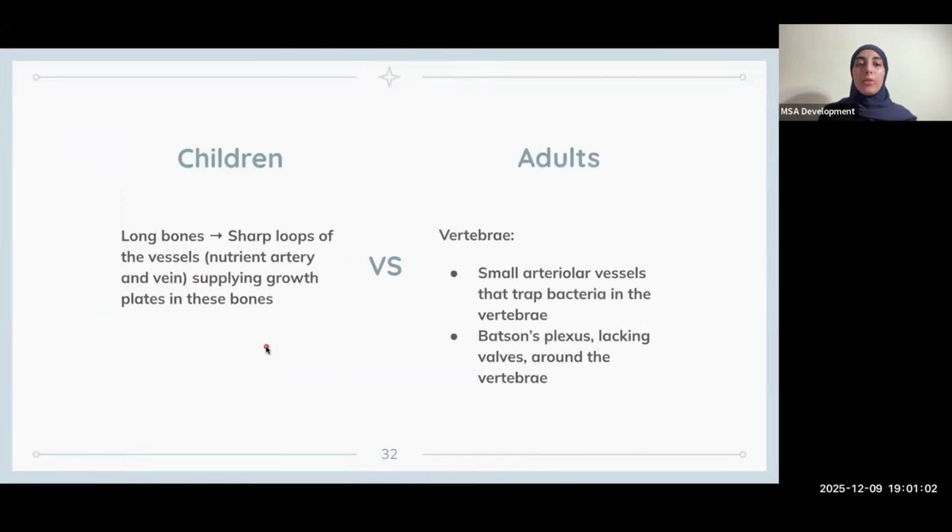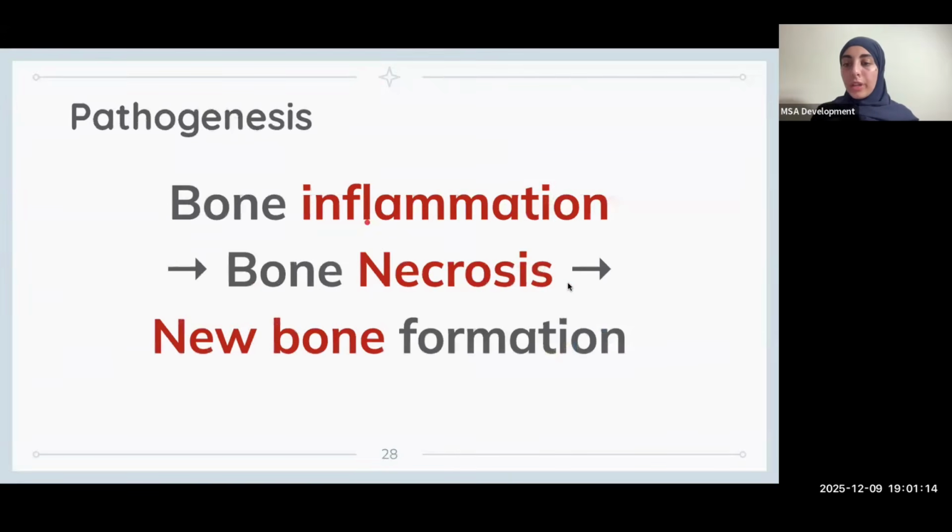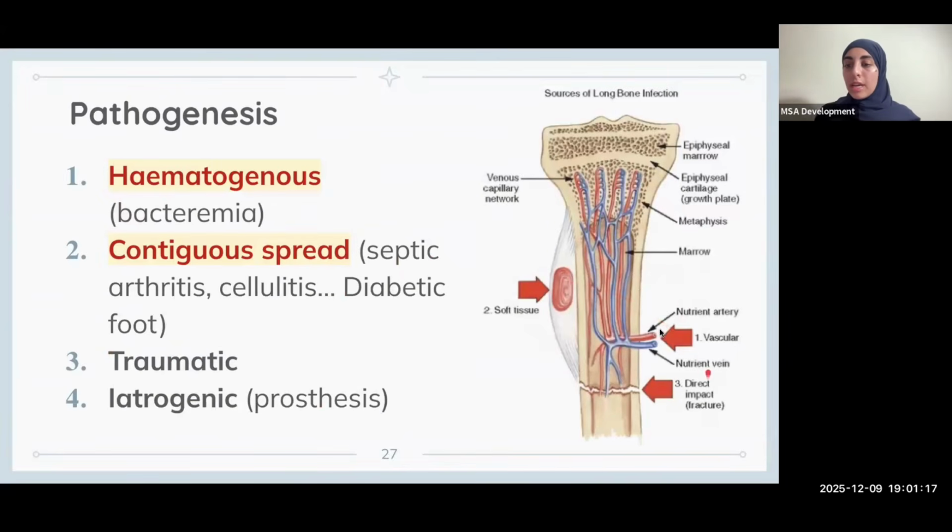Now, we have to think about something in the pathophysiology when it comes to children versus adults. In children, since their long bones, like the femur, are still growing, they have very rich blood supply. Remember these nutrient arteries and veins, these vessels? If they get osteomyelitis, because of the rich blood supply here, they're more likely to get it in these long bones.